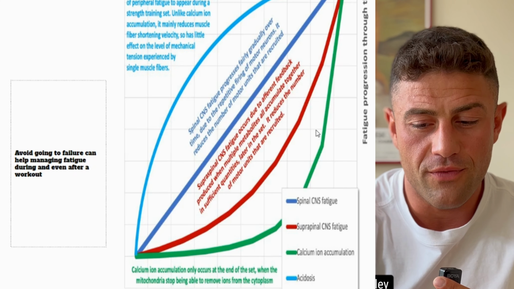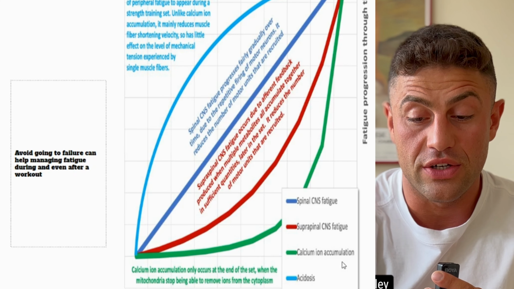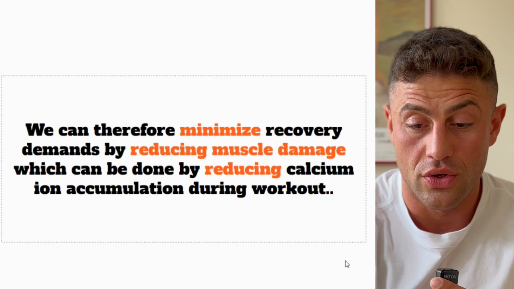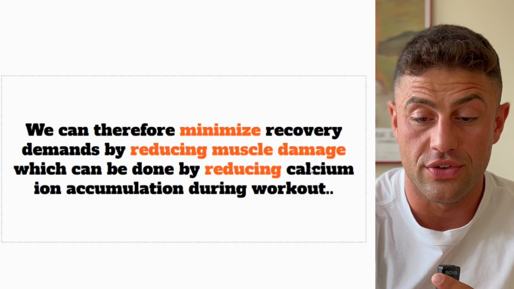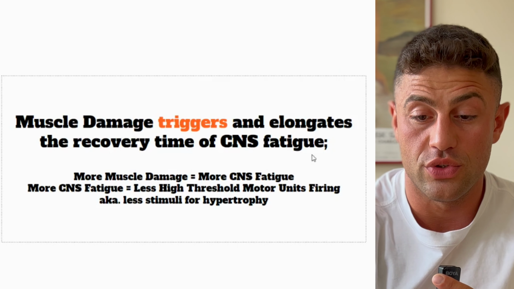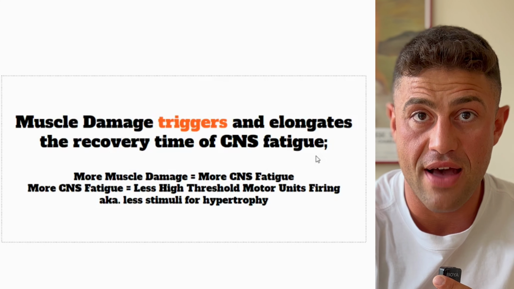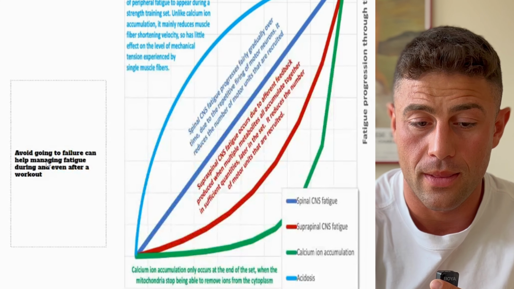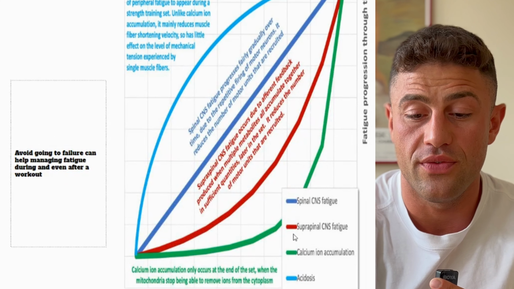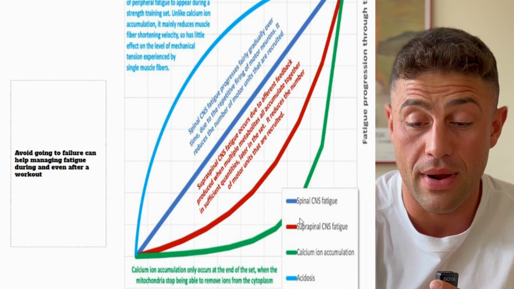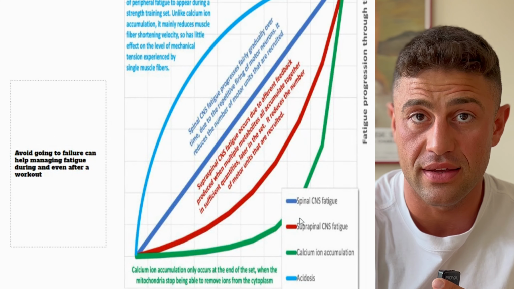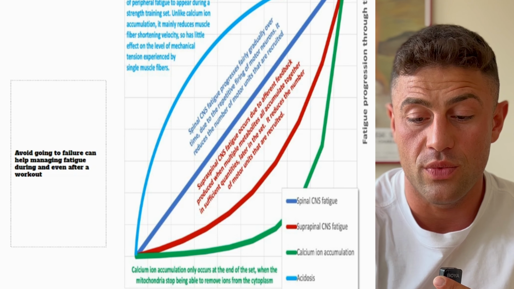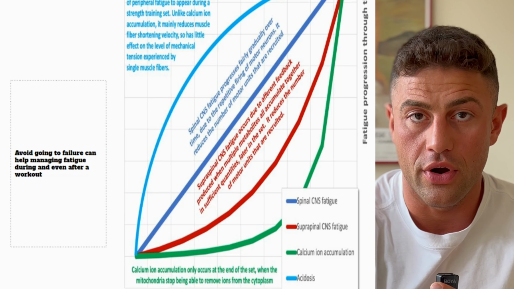So it's pretty obvious that if you want to decrease the calcium ion accumulation, to decrease the muscle damage, to decrease the CNS fatigue after a workout, it's beneficial to leave a rep or 2 in the tank, aka train with 2 or 1 RER.